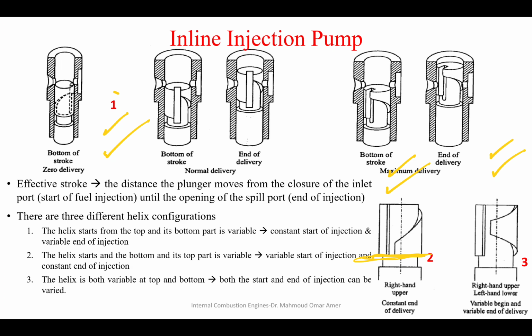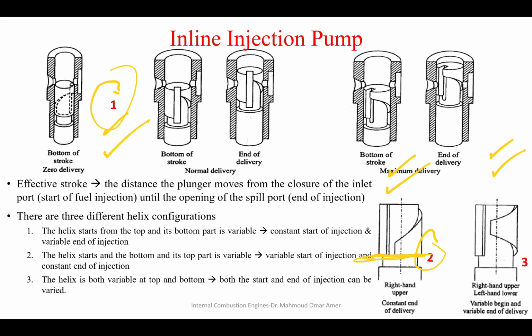Why? Because every engine is calibrated and adjusted for specific start and end times of injection. Okay? So if you replace plunger 1 with 2, the engine that uses plunger 1 is calibrated so that the start of injection is always constant and you only control the end of injection.